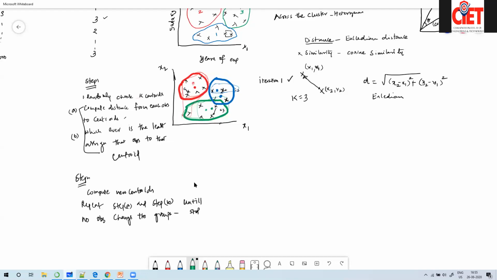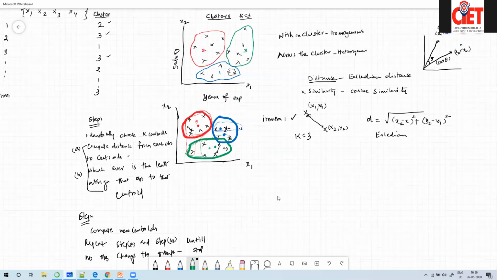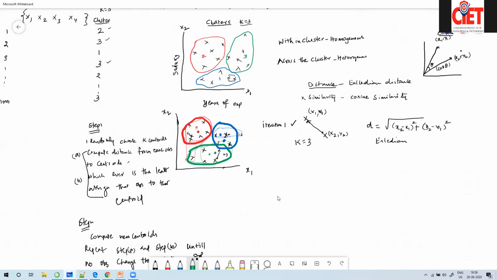Step 1 is done. Remove the centroids, compute the new centroids, and repeat this until your centroids are not going to move. That means no observation changes from one group to another group. That's when your clustering algorithm has learned and finally stops. And that is what probably would result in something like this.